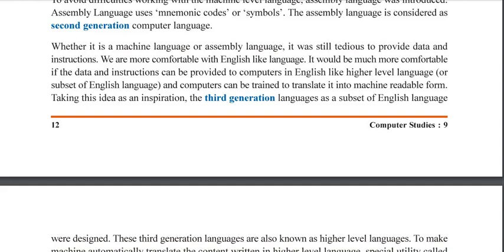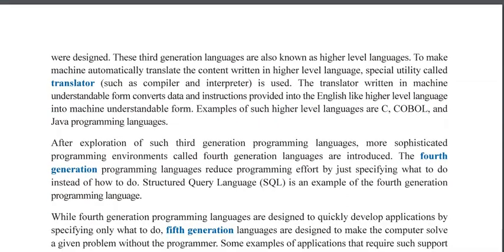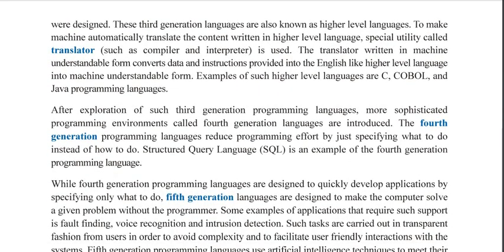Okay. Now taking this idea as an inspiration, third generation languages, as a subset of the English language, were designed. These third generation languages are also known as higher level languages. To make the machine automatically translate the content written in a high level language, a special utility called the translator is used.